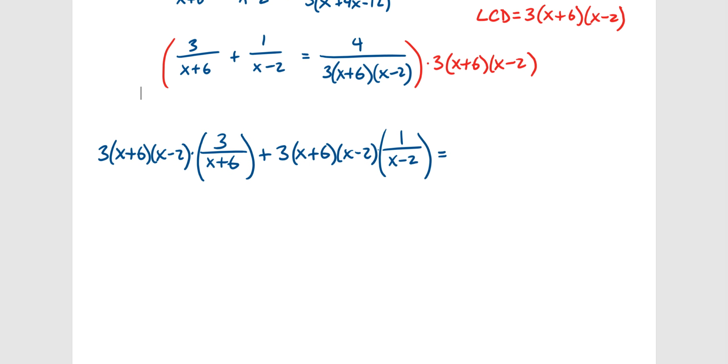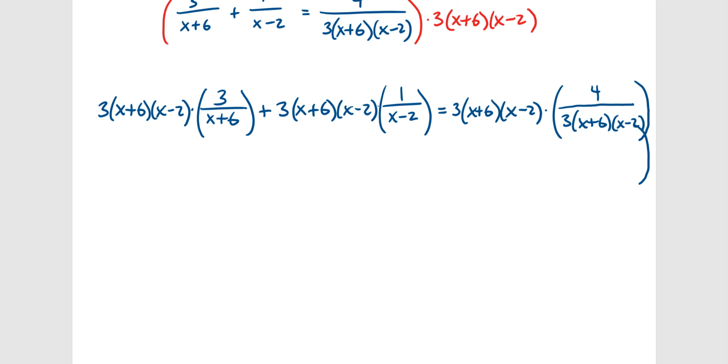And lastly, the right-hand side of the equation: 3 times x plus 6 times x minus 2 times 4 over 3 times x plus 6 times x minus 2. You don't always have to write this step. If you can multiply it in your head and see what's left over, that would be fine.